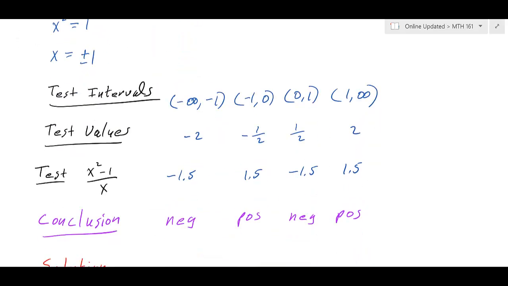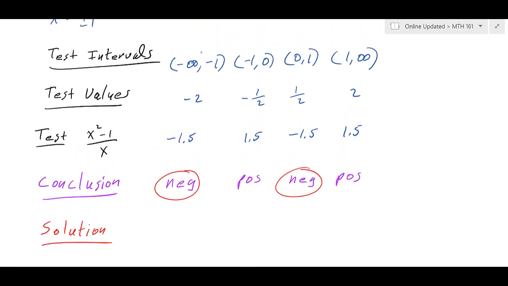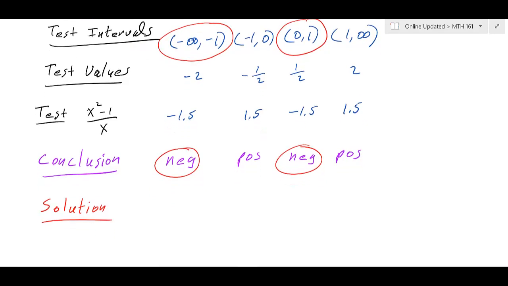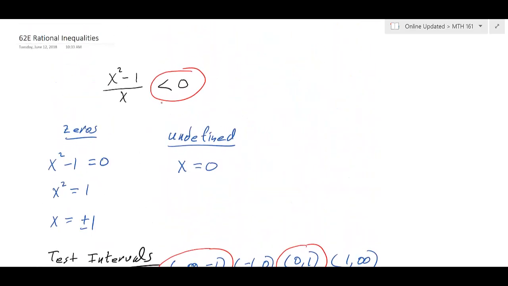It has to be less than 0, which means it's going to be negative, and that occurs from negative infinity to negative 1 and from 0 to 1. So those are going to be the intervals. Now keep in mind, are we going to use a bracket on negative 1, positive 1, or 0? The answer is no, because this is strictly less than.